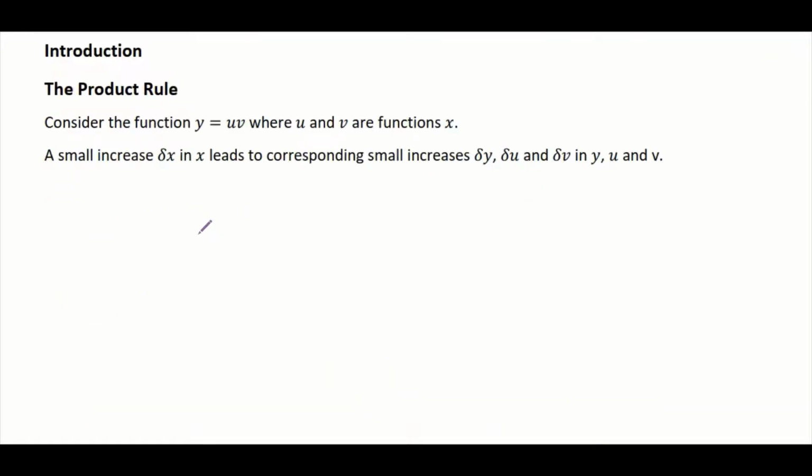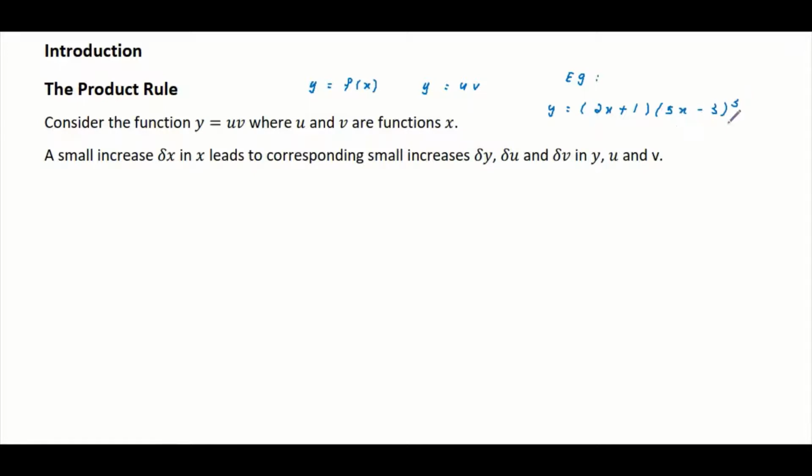Okay, so let's look at the first concept, the product rule. We use the product rule when we have a function y equals a function of x, which can always be split into two parts, u and v. For example, y equals (2x + 1) multiplied by (5x − 3) to the power of 3.